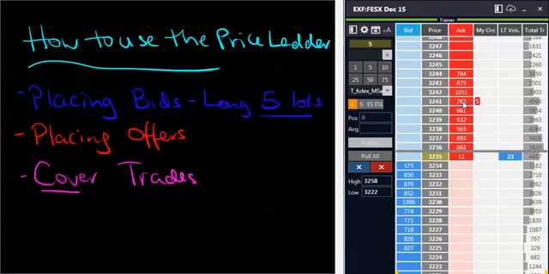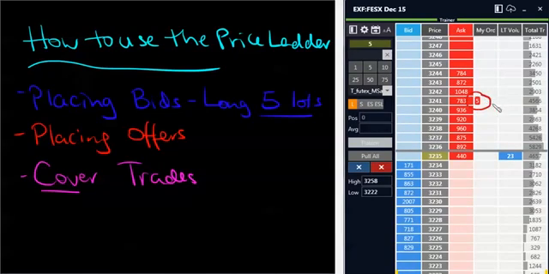I just click on the column on the right hand side, and automatically, as you can see, an indication in red pops up showing me that I'm currently offered at 32.41.